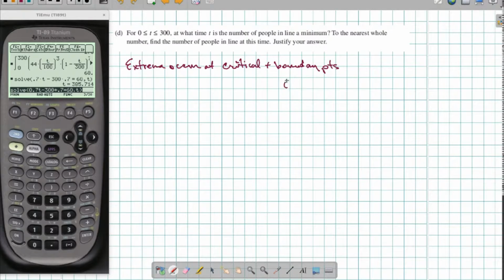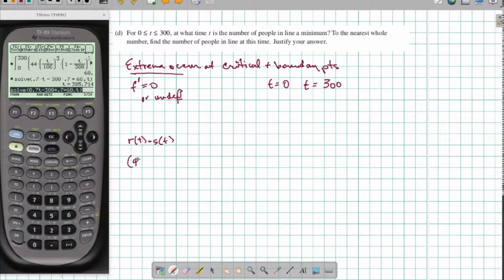And I know that my boundary points are going to be at 0 and at 300, so these are values that I'm going to have to determine. But then I also need to know extrema. And extrema occur when the derivative is equal to 0 or undefined. So for us, our derivative function is really that r of t minus s of t that we were dealing with earlier.